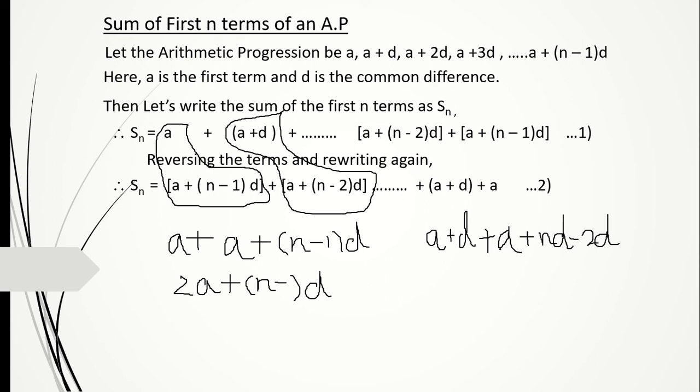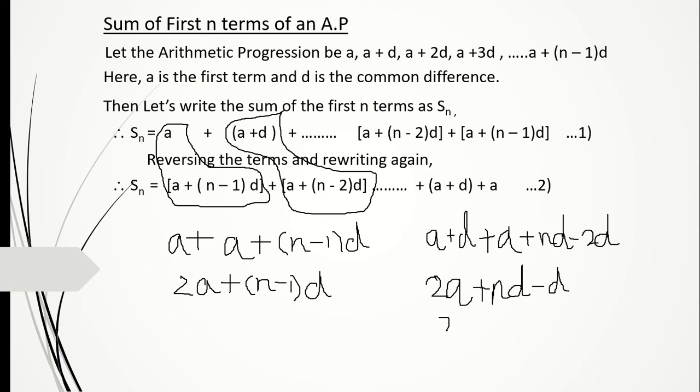Now a plus a will become 2a. Here n minus 1 is there. A plus a is 2a plus, now this nd we will write as it is, and d minus 2d, so that is 1 minus 2, so that is minus d.